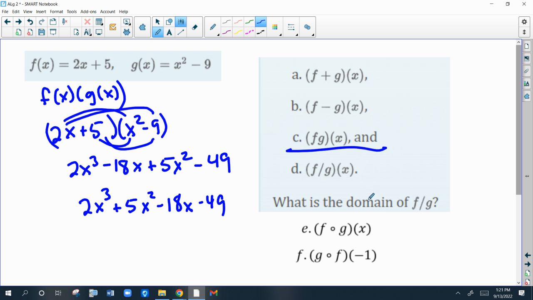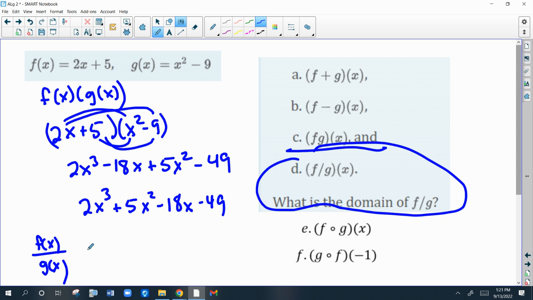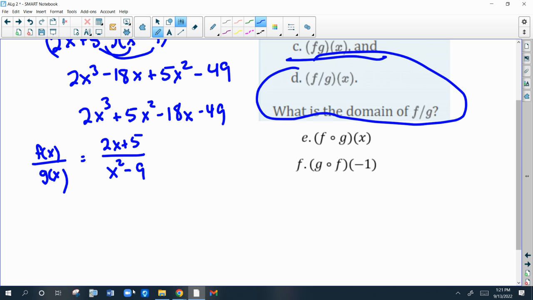The next thing we're going to do is division while stating the domain. So f of x over g of x. So we're doing this part now. It's 2x plus 5 over x squared minus 9. So that definitely has domain issues because you're dividing by 0. So you have to figure out, when does x squared minus 9 equal 0?